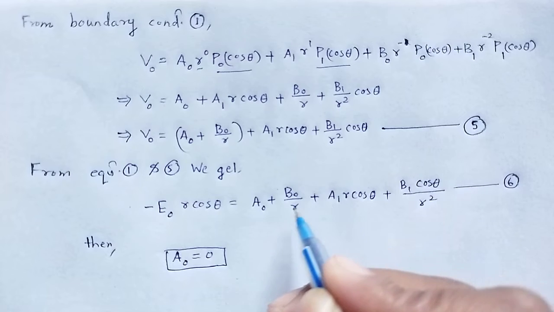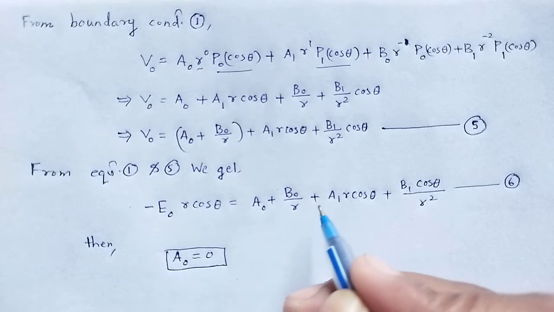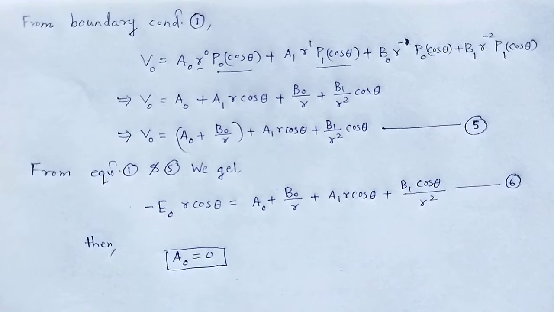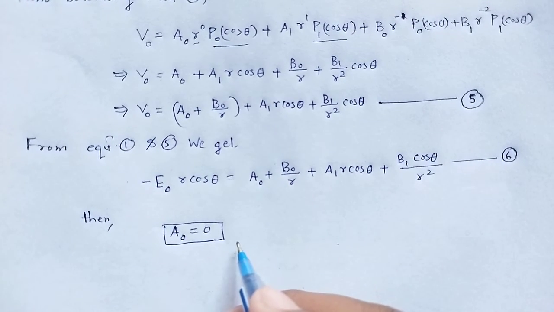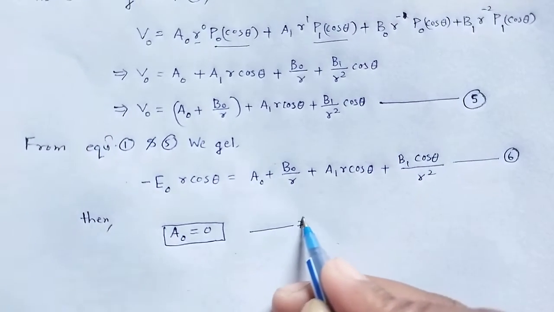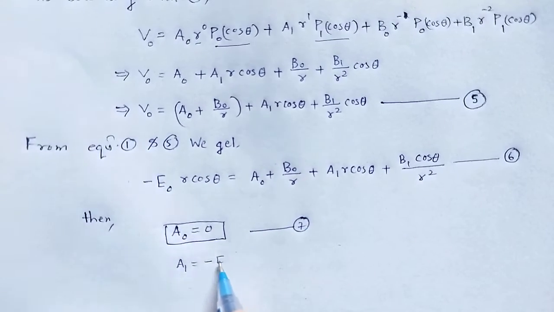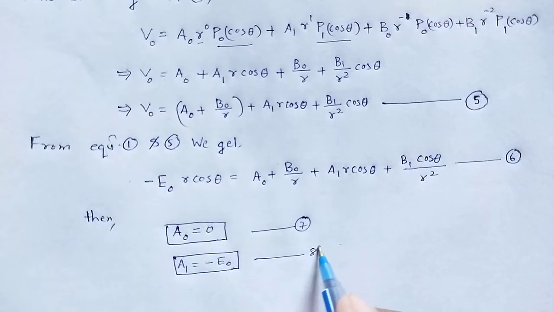Here A1 r cos theta, that means A1 is equal to minus E naught, equation number 7 and 8.